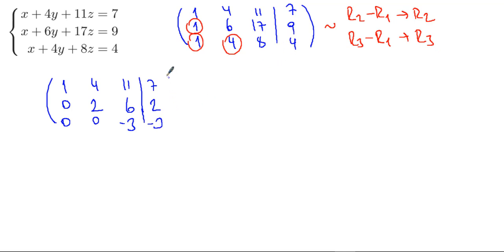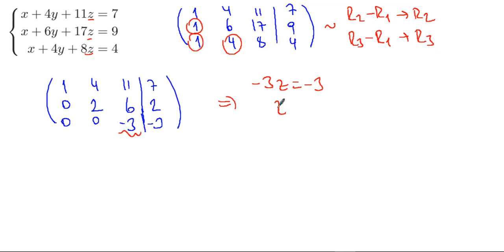Here, your book advises to make all these diagonal entries 1, but I'm telling you that you don't have to do it. After this, you need to realize that the third number corresponds to the z variable. So the third row says minus 3z equals minus 3.